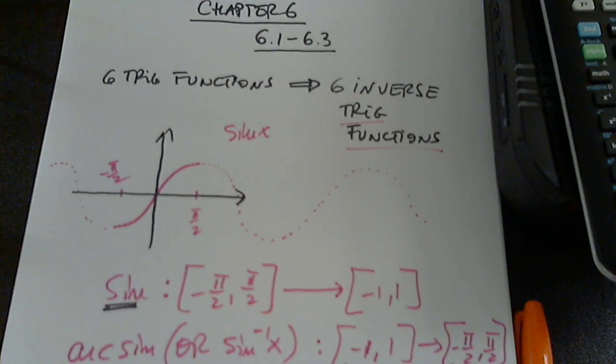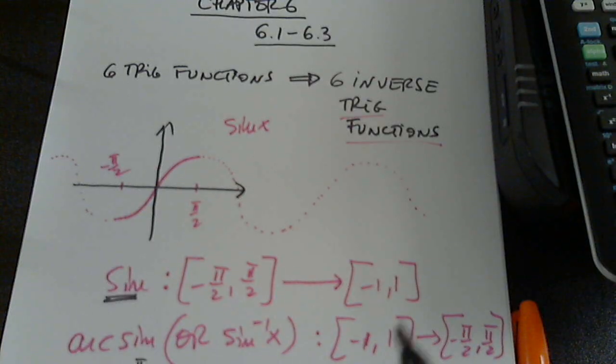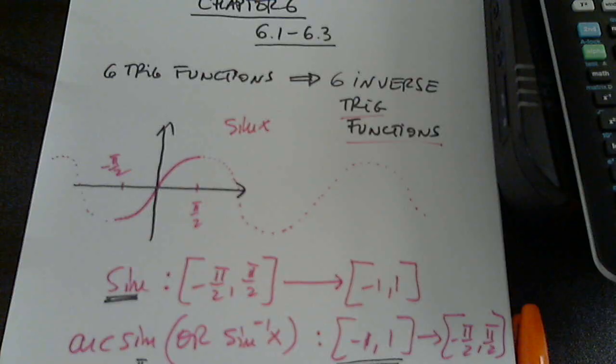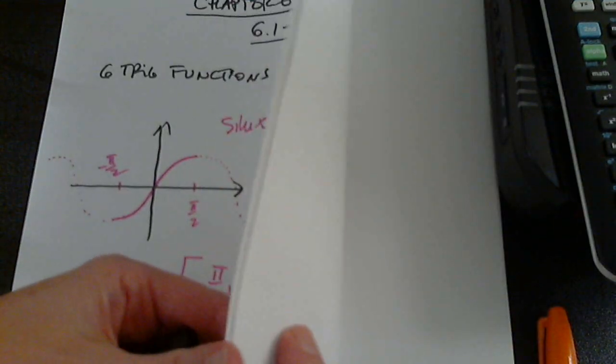Sine inverse of the square root of 2 over 2. Okay. So sine inverse of -1, it's acceptable because it's applied to a number between -1 and 1. I'll come back here. I just want to make a comparison so you understand this.